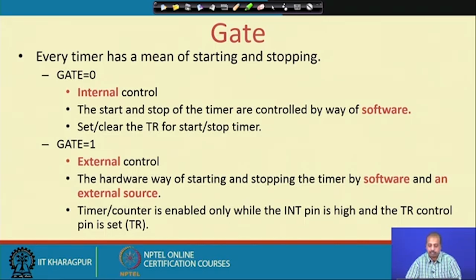TR is a control bit, not a pin; it is a bit in some register. This bit should be set and then the timer will start. To stop it, either you can reset this TR bit or you can disable this INT. Either of them can be done for stopping the timer.